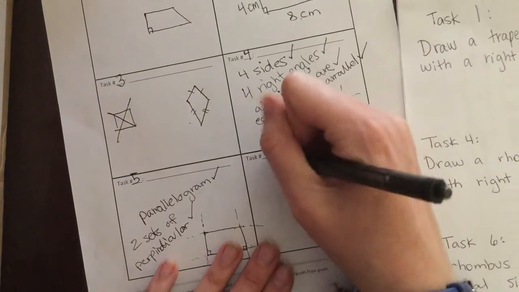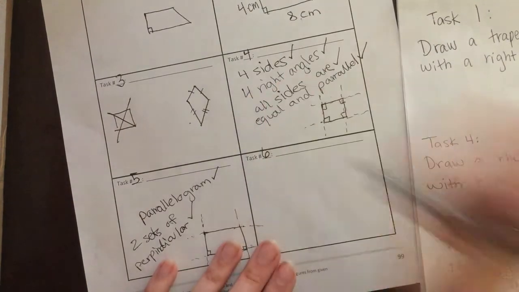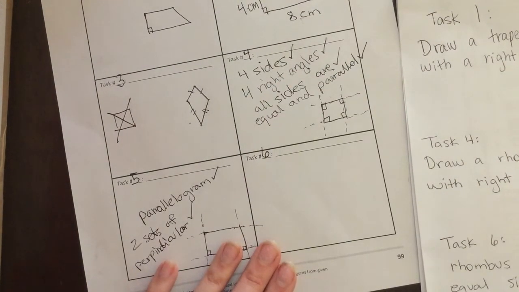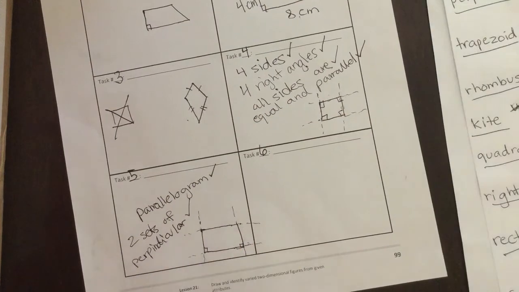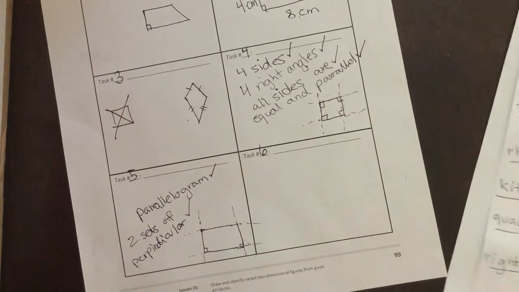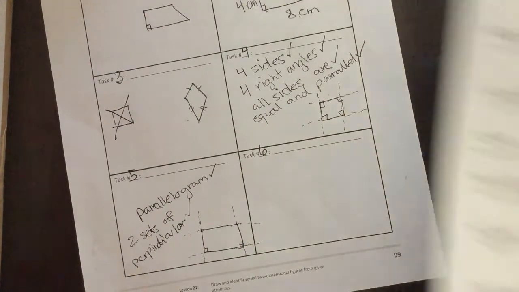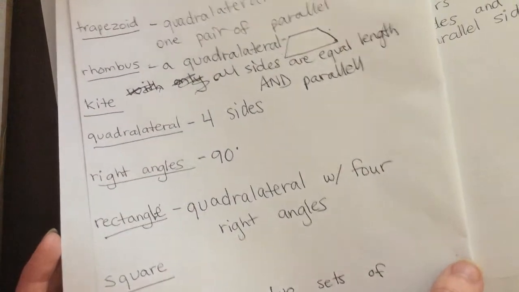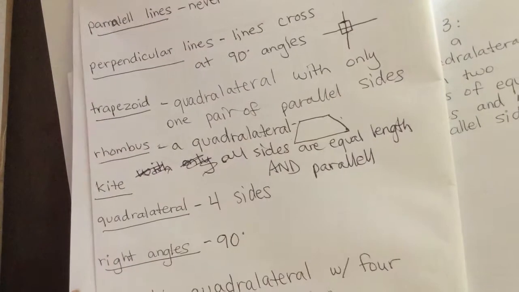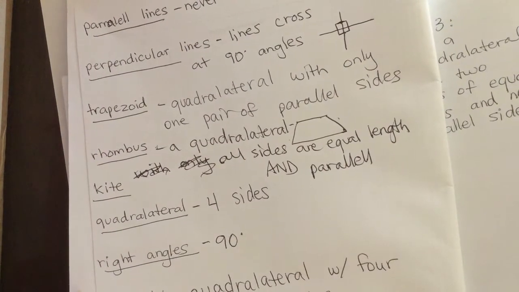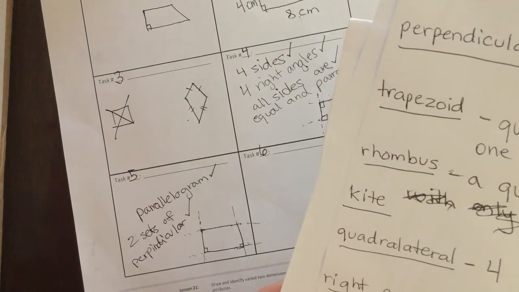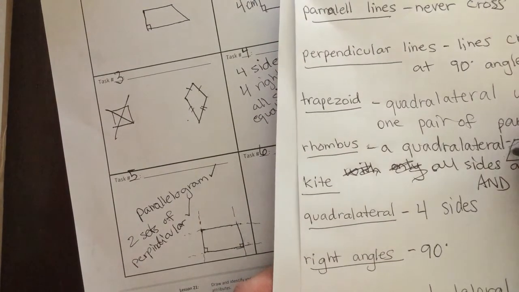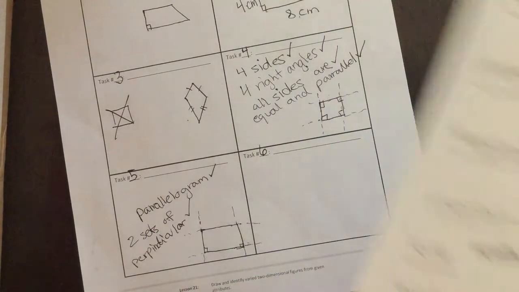All right, let's try our 6th task. Draw a rhombus with 4 equal sides. Now, let's review back to rhombus. It is a quadrilateral with all sides equal in length and parallel.